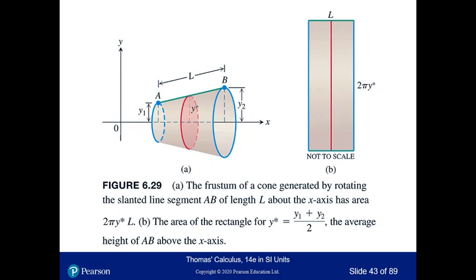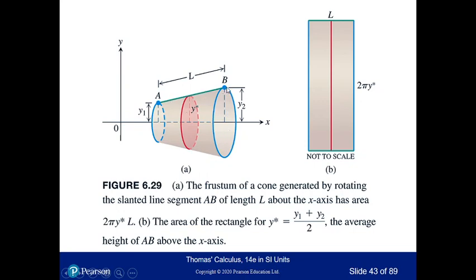Okay, now we are gonna have another line segment, AB. This is a little bit slanted line. In this case, since it is slanted, we have the corresponding x values. So this line segment is a little bit tilted, right?